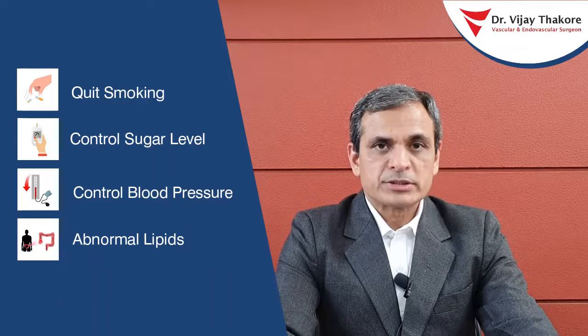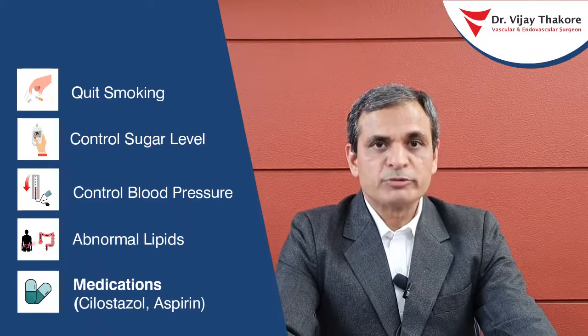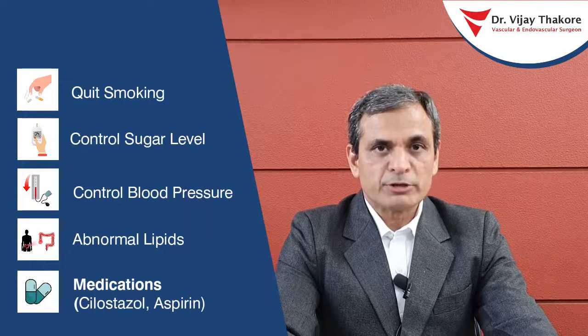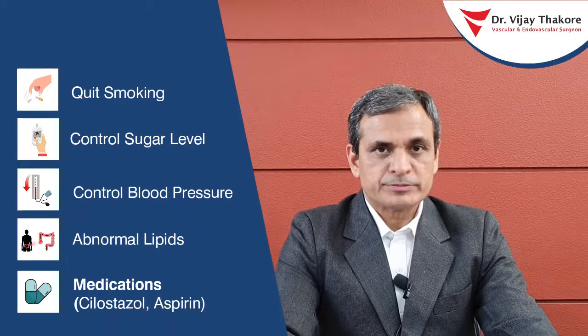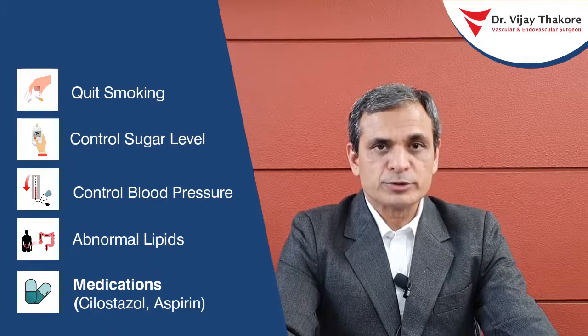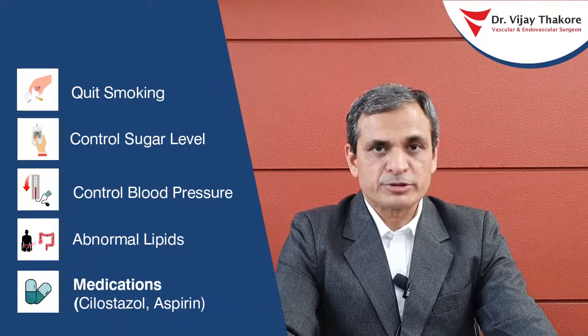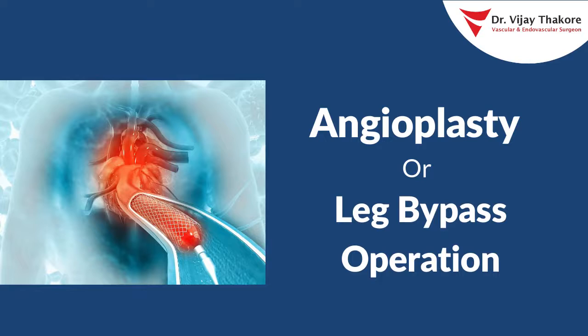Along with this, certain medications like cilostazol certainly help in improving walking distance, and blood thinners like aspirin and clopidogrel can help. These days, a newer drug called rivaroxaban is also used to prevent further progression of the disease. In advanced cases, we need to offer them either an angioplasty or a leg bypass operation.